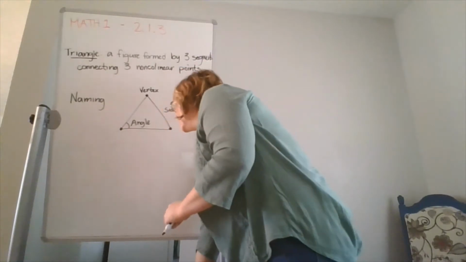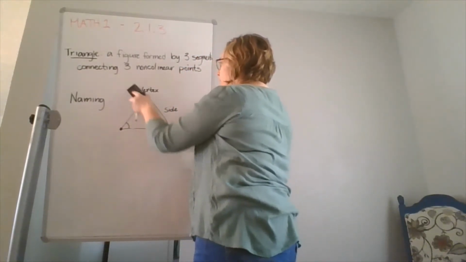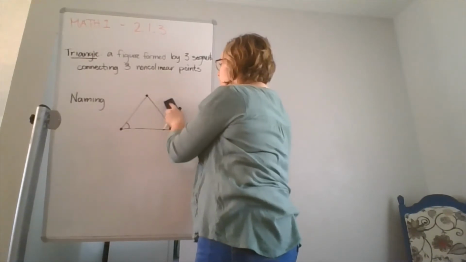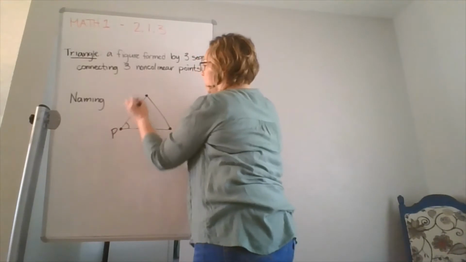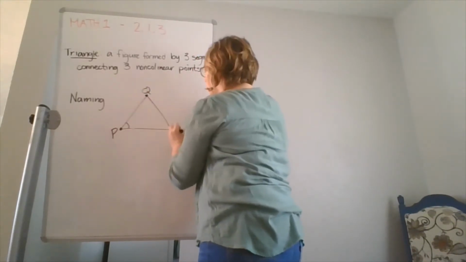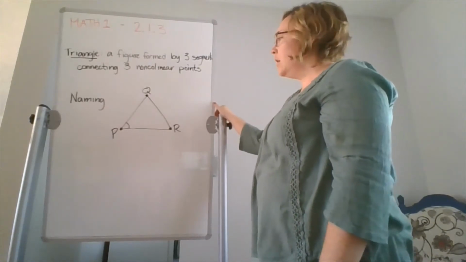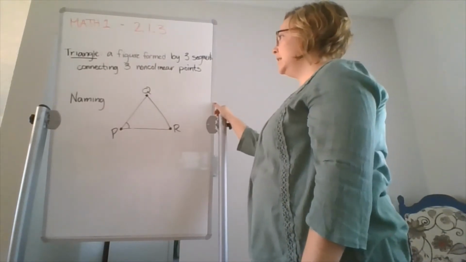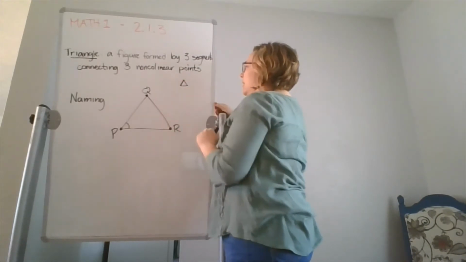Also, with triangles, you need to understand how to name them. So I'm going to erase these words. I'm going to put up here some letters for our vertex, or our vertices. Okay, so there we have P, Q, and R. For our vertices, to name this triangle, there are many options.